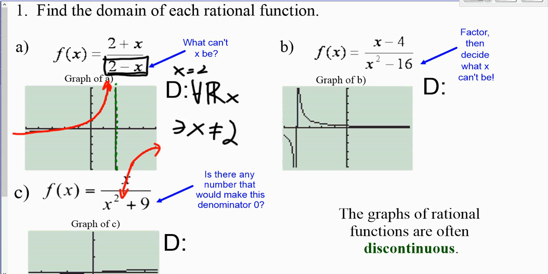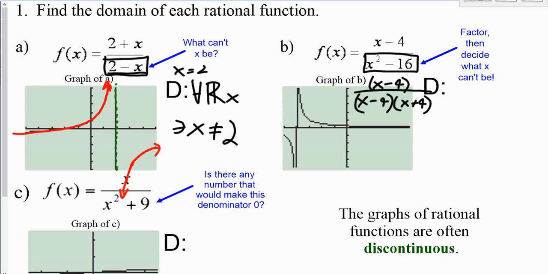Okay, so for B, if I want to find factors and I have something that is a higher degree than a first degree, I might have to factor it so I can get the linear factors. Well, this one's nice because it's a difference of squares. I know that can be factored into x minus 4 and x plus 4. But realize on the top I still have x minus 4, that factor.